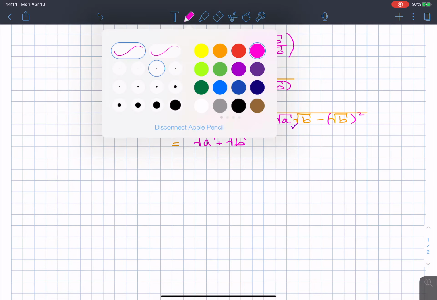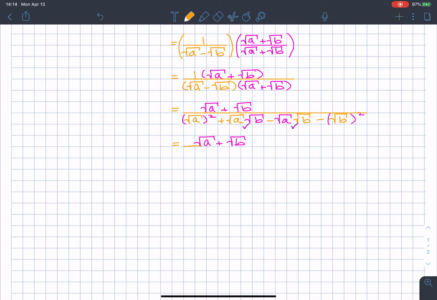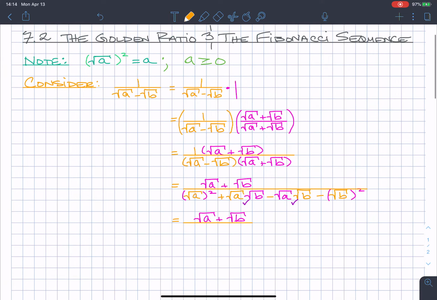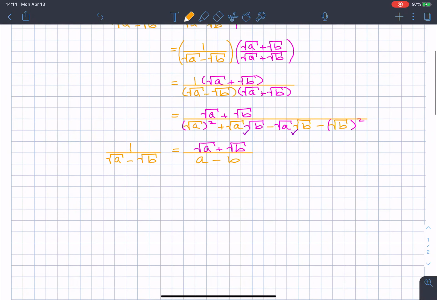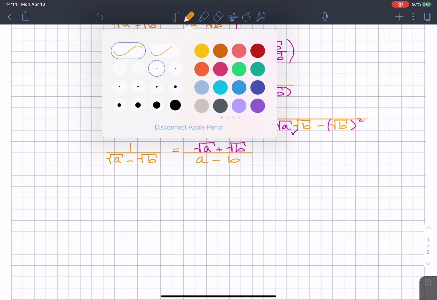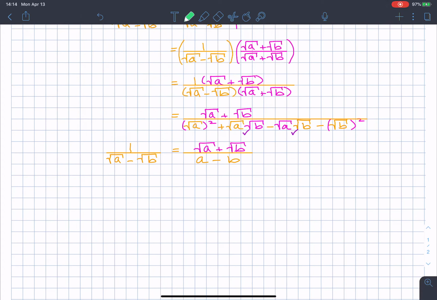But now in the denominator, we have the square root of a squared, which as we saw above is just a, minus the square root of b squared is also just what it is, b. Okay, so we have that 1 over the square root of a minus the square root of b is equivalent to the square root of a plus the square root of b, all divided by a minus b.